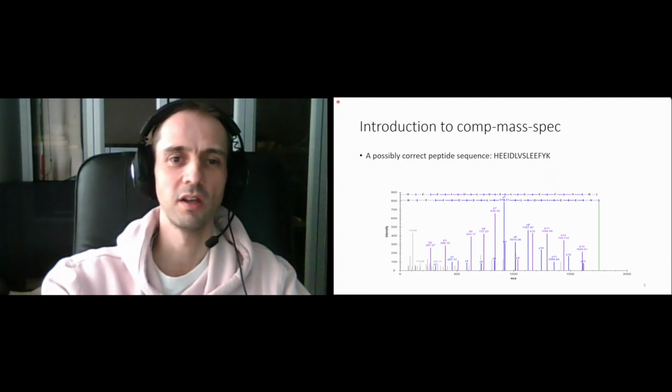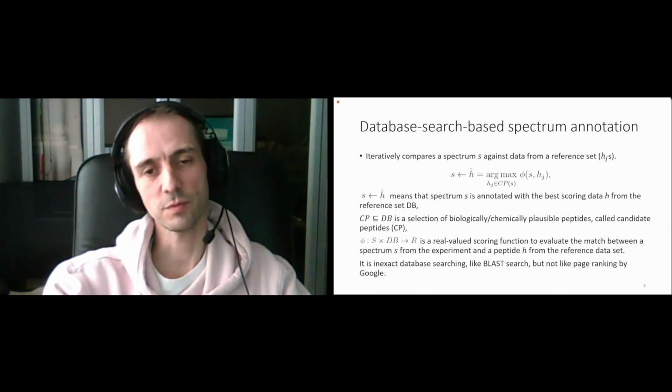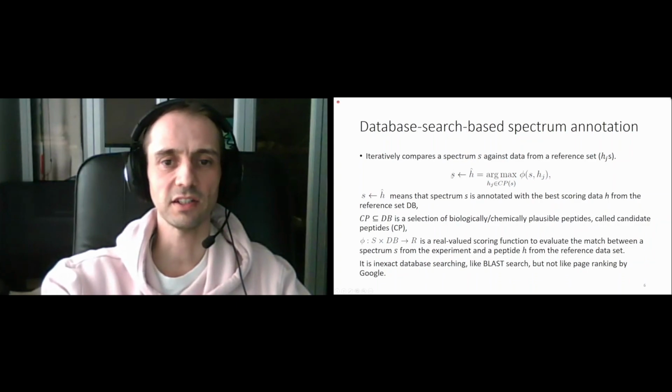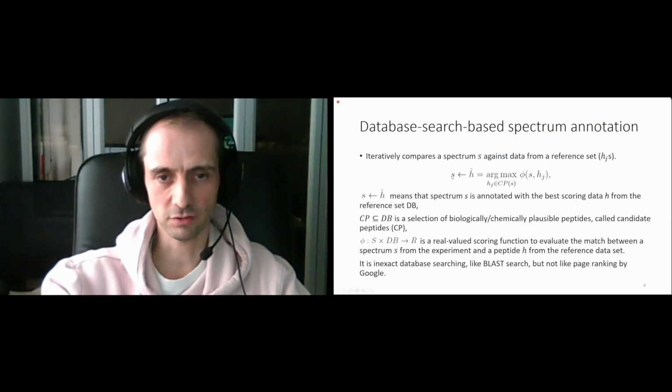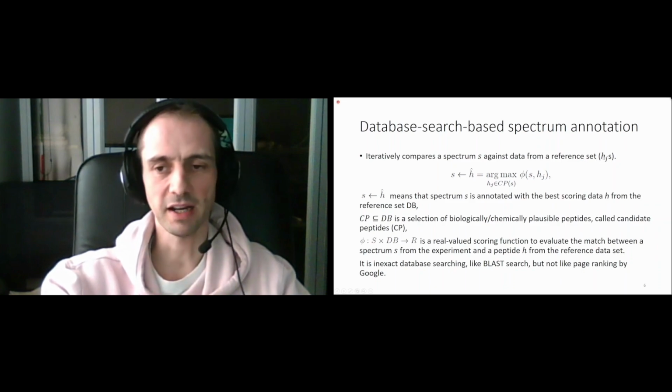One of the most commonly used approaches to identify an experimental spectrum is database searching. If we have an experimental spectrum S, we have a reference set of peptides from a database.